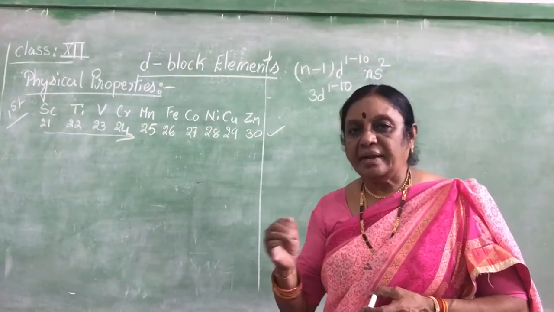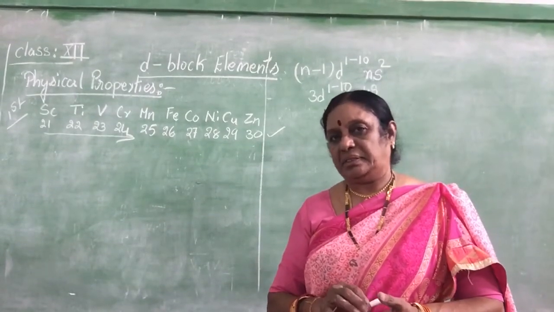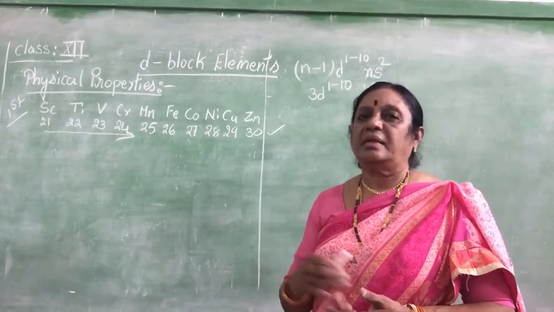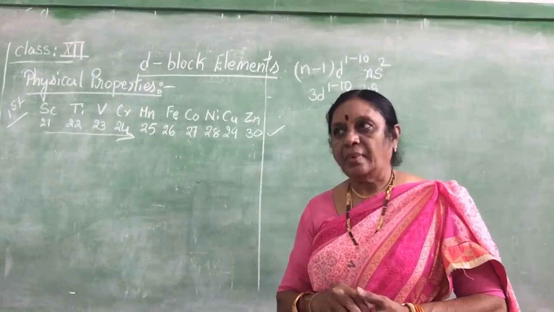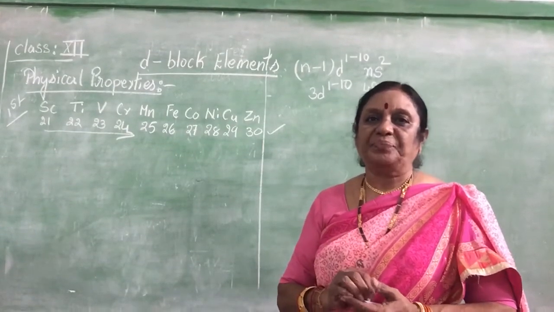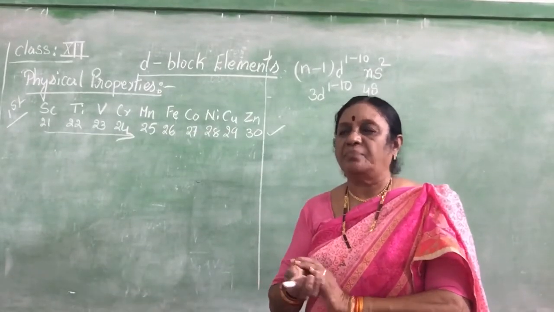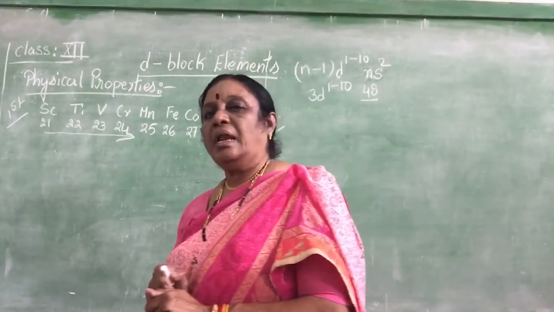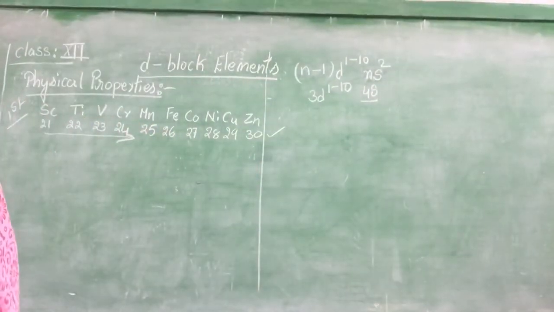So there is a steady decrease in the size in the lanthanoids and actinoids. Due to that reason, the atomic size decreases. So this phenomenon is known as lanthanoid contraction. Clear, children? Lanthanoid contraction.